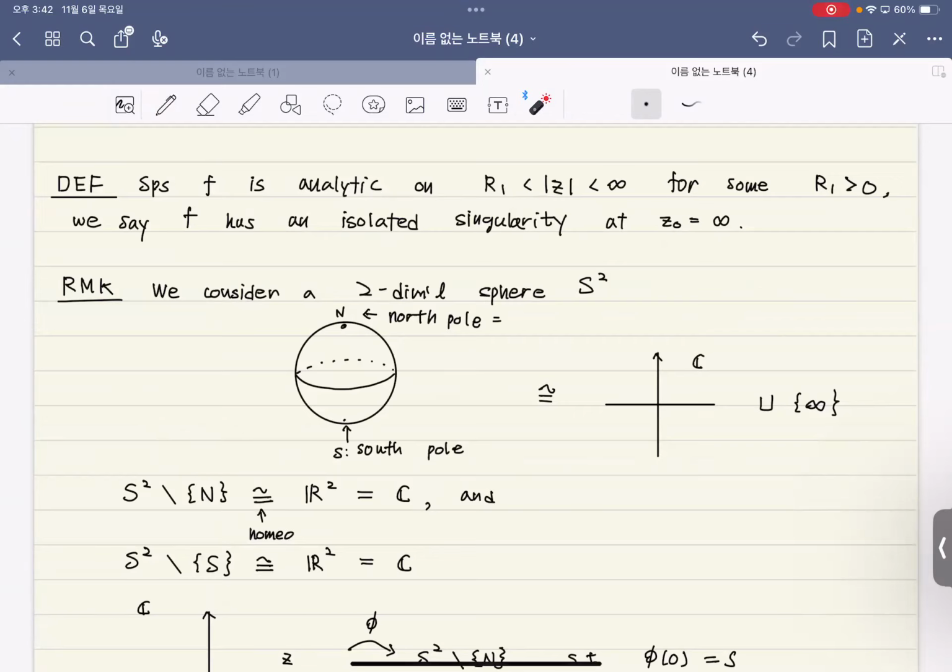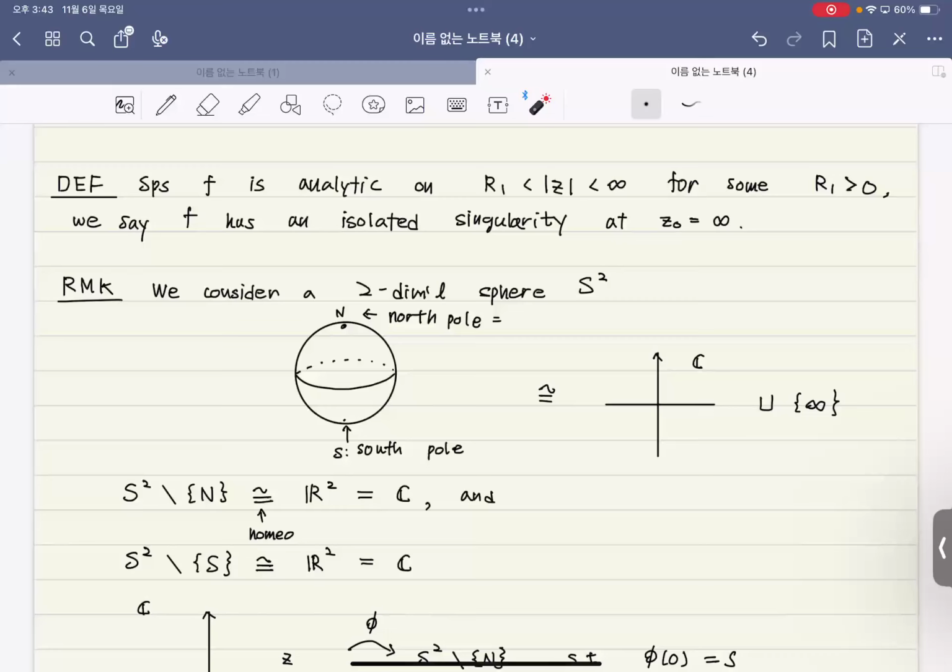Some of you might be wondering, why do we need this point called infinity? Because we are living very happily in this space C, equipped with coordinate z. But later on, we are going to study the so-called linear fractional maps, and in order to get the full and complete picture, it is very natural to assume this extended complex plane.